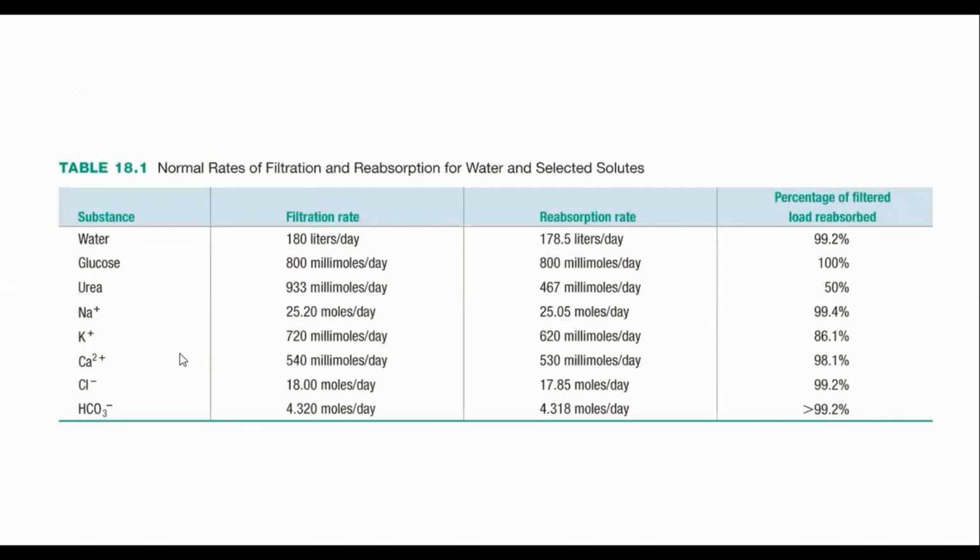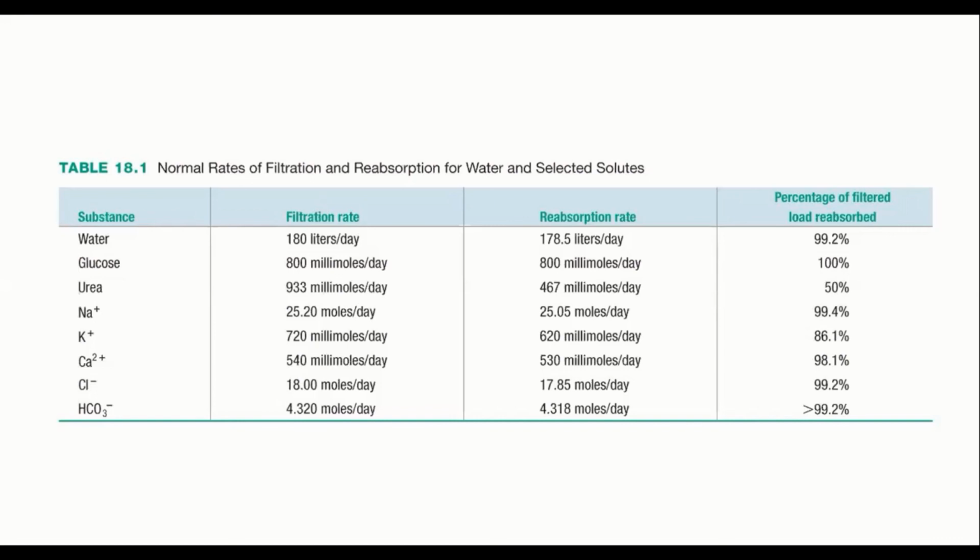This is just a table of basically the amount of each of these things that's reabsorbed. So water is almost entirely reabsorbed. And we're going to see that bicarbonate is also largely reabsorbed. Glucose should be, under normal conditions, 100% reabsorbed by the nephron.